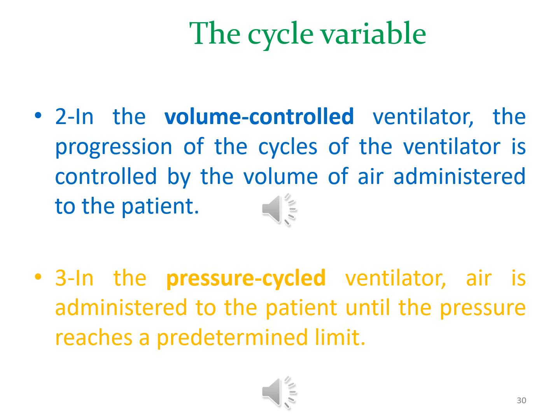In the pressure-cycled ventilator, air is administered to the patient until the pressure reaches a predetermined limit, at which time the ventilator switches to its expiratory portion of the cycle and the process is repeated.